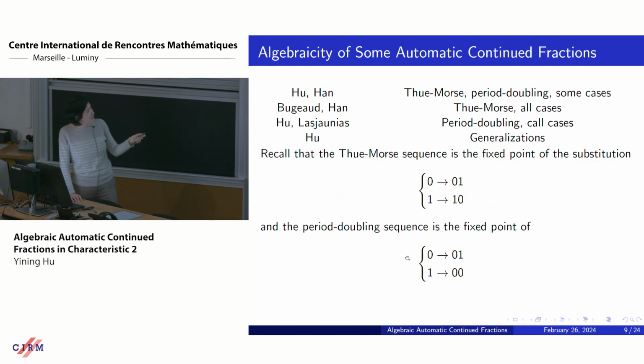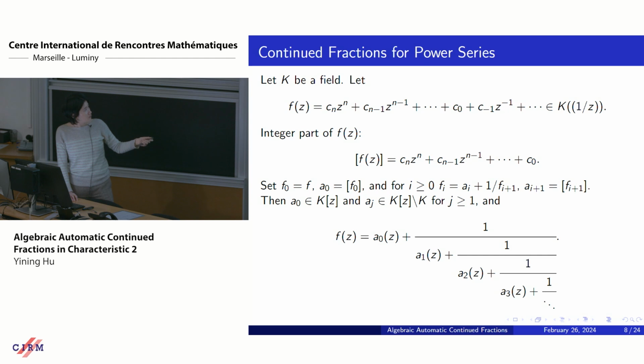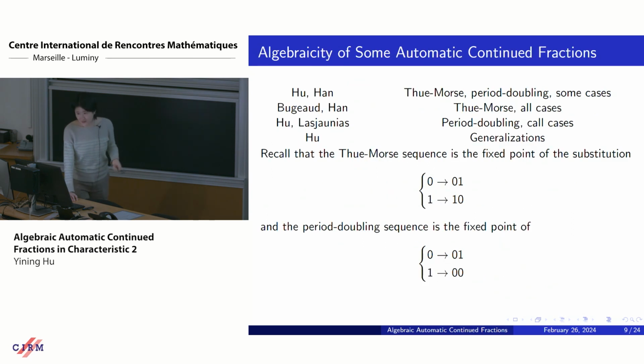For example, we could take 0 to be z, and 1 to be z plus 1. And then we form the Thue-Morse sequence here, and we will have a power series. So there are infinitely many choices of polynomials for mapping 0 and 1, and with Han, we were only able to prove a finite number of cases.